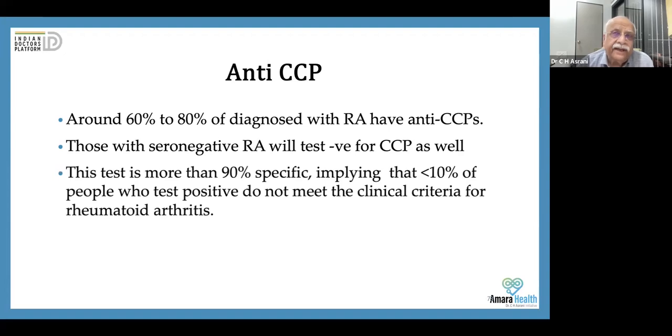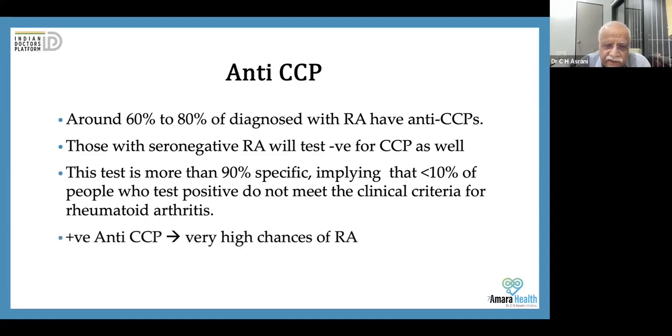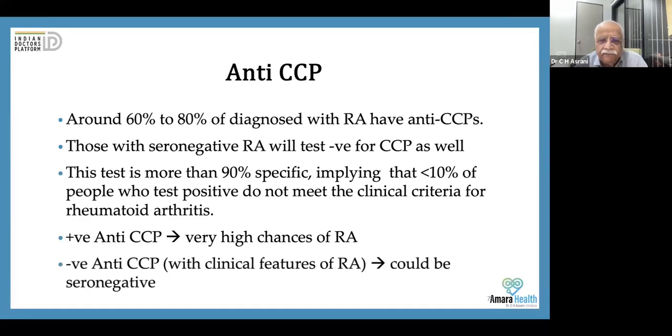The test is more than 90% specific, implying that less than 10% of people who test positive do not meet the clinical criteria for rheumatoid arthritis, American guidelines. Positive anti-CCP, very high chances of RA with corresponding symptoms. Negative anti-CCP with clinical features, consider seronegative rheumatoid arthritis.